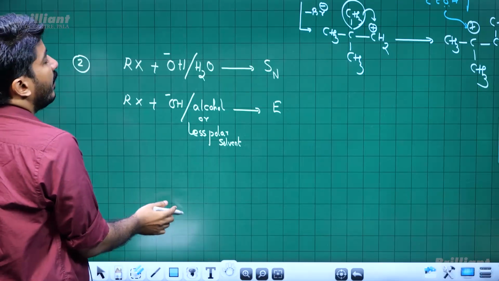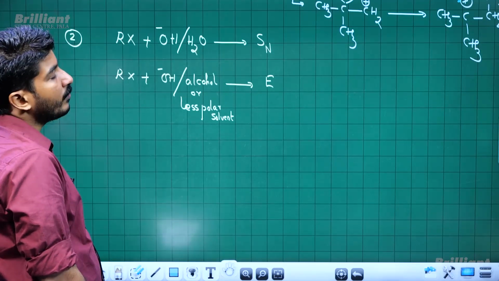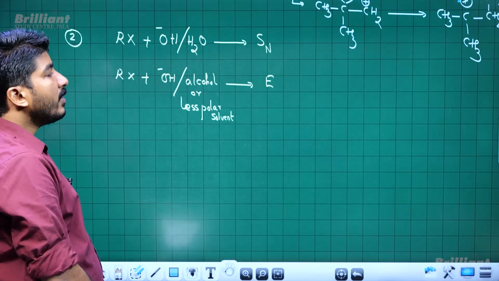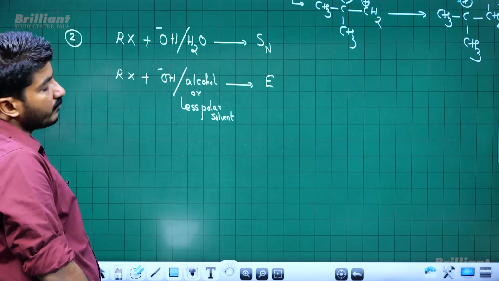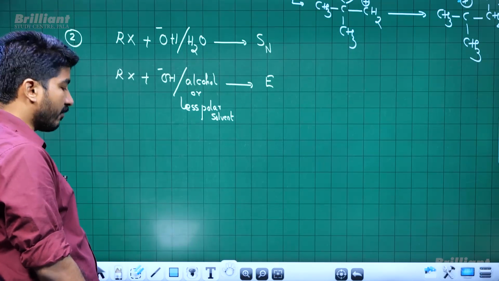So haloalkane with OH minus in aqueous medium shows nucleophilic substitution reaction, and haloalkane with OH minus in alcohol or a less polar solvent like acetone medium shows elimination reactions.